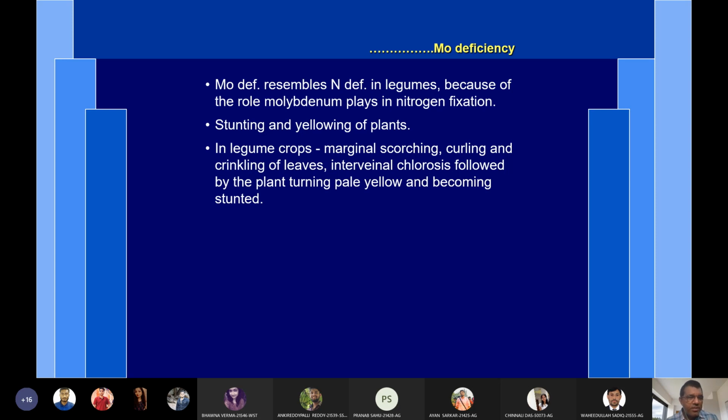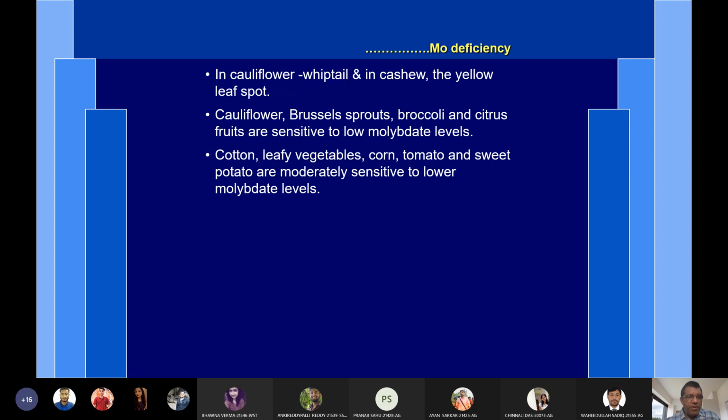Stunting and yellowing of plants in legume crops, marginal scorching, curling, and crinkling of leaves, interveinal chlorosis, followed by the plant turning pale yellow and becoming stunted. In cauliflower, whiptail, and in cashew, the yellow leaf spot. Cauliflower, Brussels sprouts, broccoli, and citrus fruits are sensitive to low molybdenum levels.